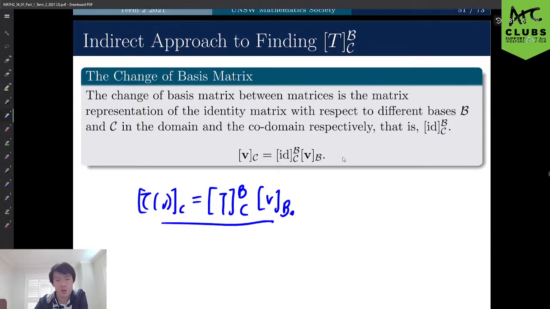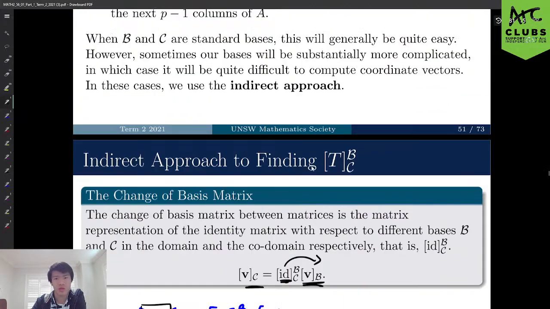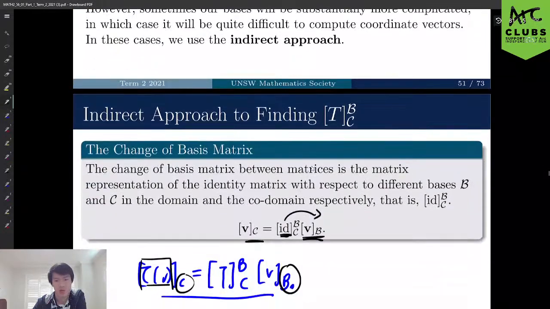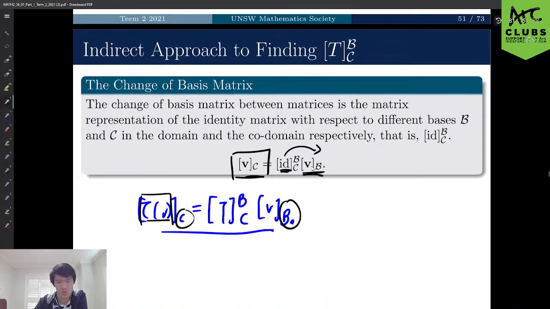Right, so we can use this to convert a coordinate vector in basis B to its corresponding function values, the T of V, in another basis. The idea is that if we do this with the identity map, which is just the map that maps everything to itself, then we can use this concept to convert from one basis to another. That's the idea we'll be using when we have annoying bases. To get rid of them, we might try to convert them to nice bases. This is called the change of basis matrix.